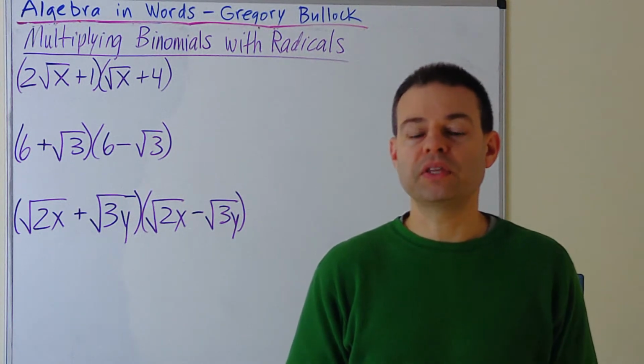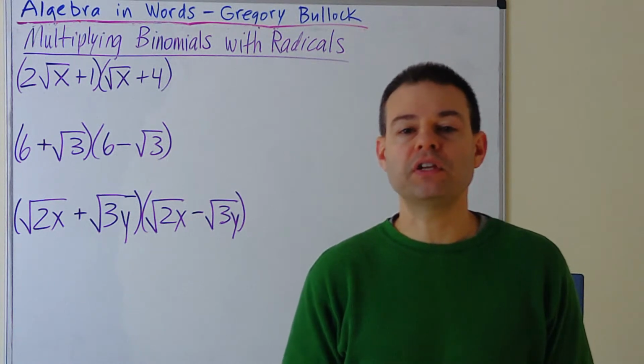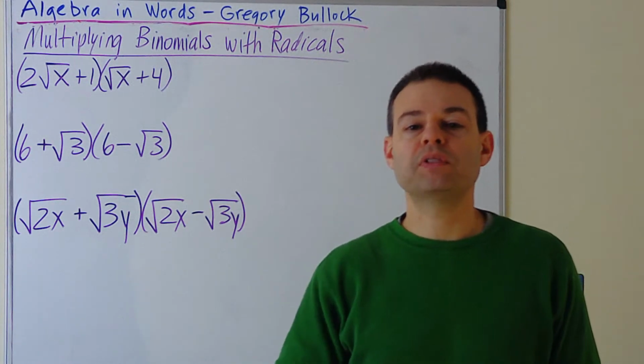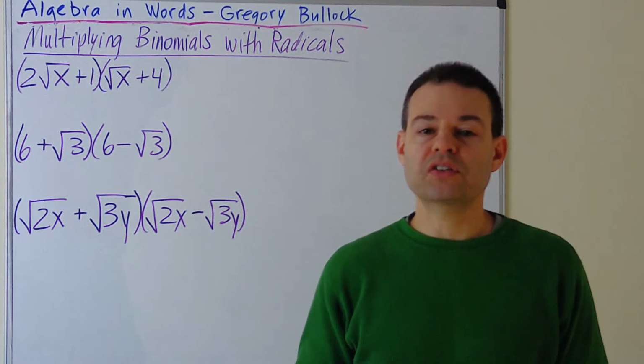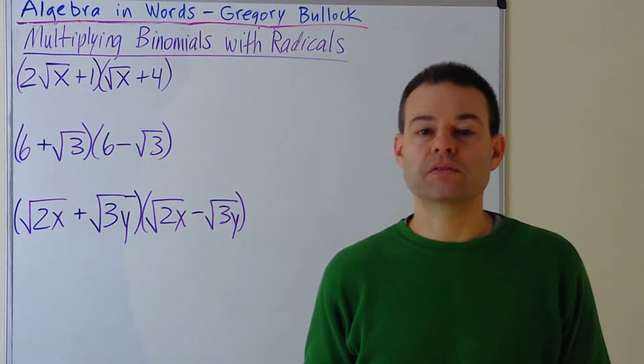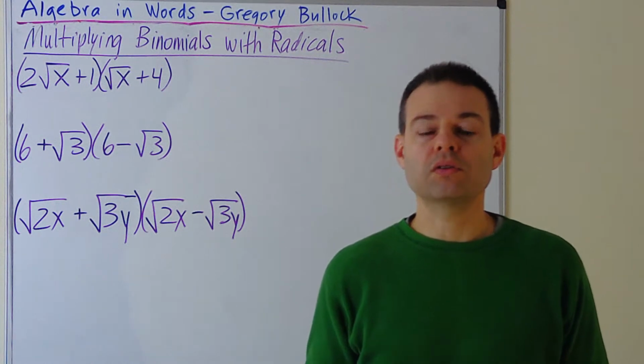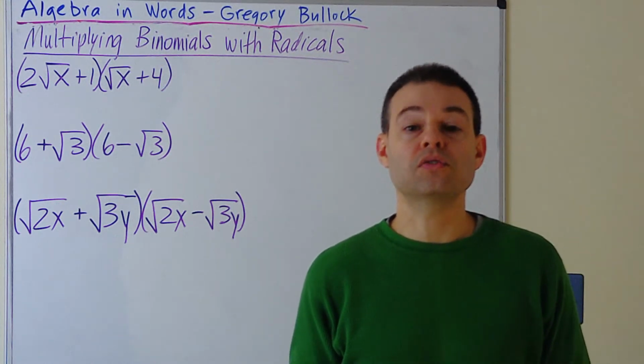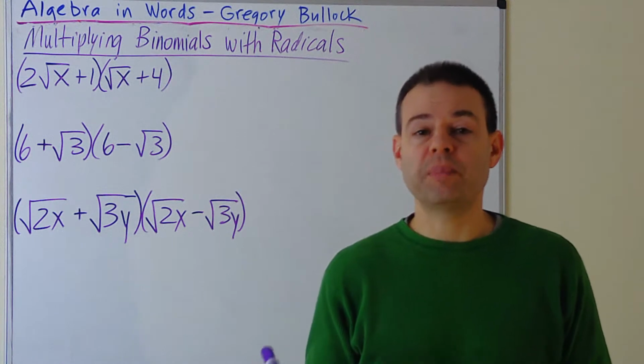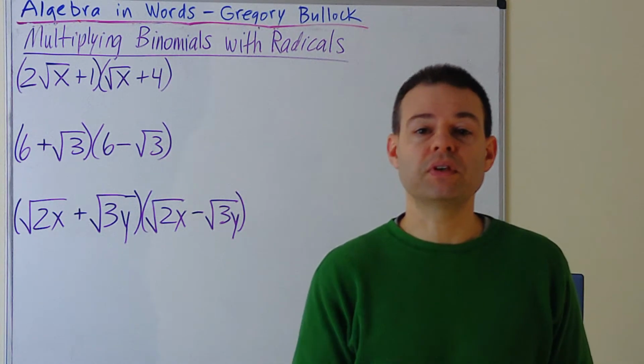Basically, where we're going to leave off in this video is setting us up to ultimately do rationalizing denominators with radicals, which I'm going to cover in the next video. You're also going to see here how this ties into some of the special products of binomials that we discussed in previous videos.